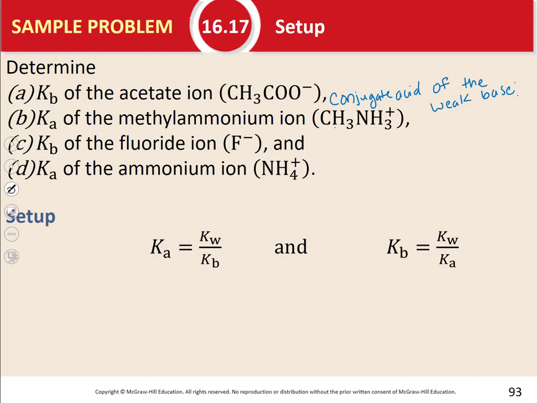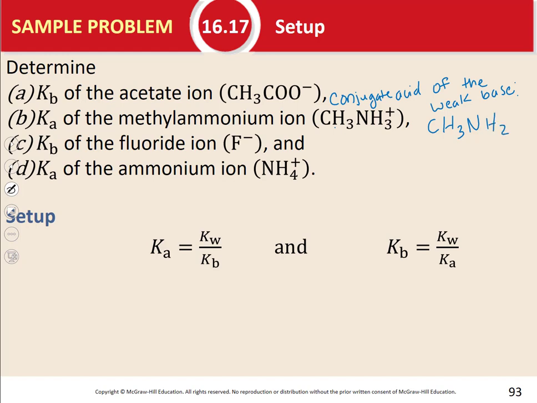So if we're going in reverse, are we taking away a hydrogen from the nitrogen or from the carbon? 50-50 here. From the nitrogen. So CH3 is still going to be CH3, but now how many hydrogens are going to be on that nitrogen? 2. So it's going to be NH2.